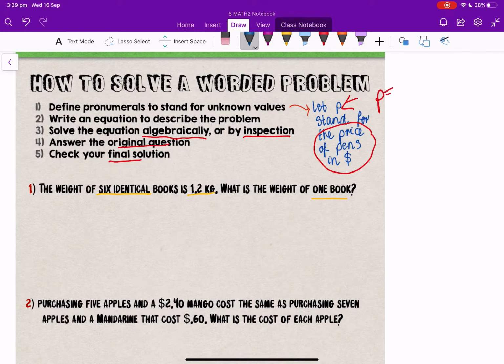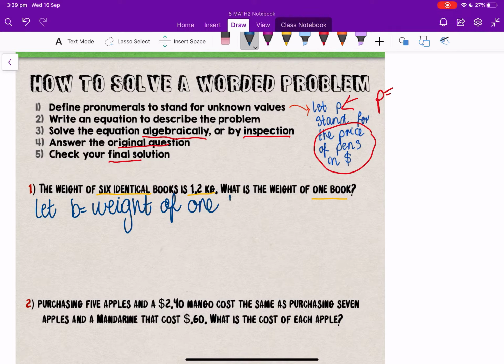So let's let B, so B for book, let B equal the weight of one book in kilograms. So that means whenever we see this pronumeral here, we know automatically it stands for the weight of one book in kilograms.